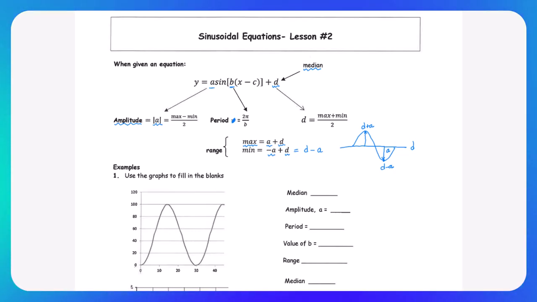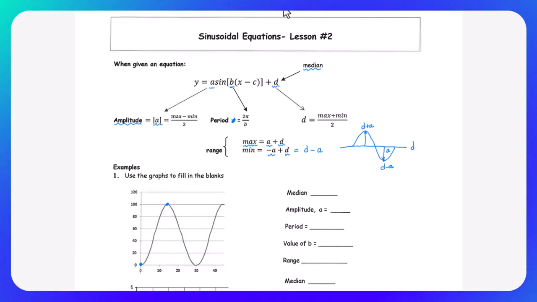The first thing I notice here, we've got a minimum at 0, a maximum at 100, and that would mean that our median value is going to be between those two. And from that, we can do it purely by reasoning.